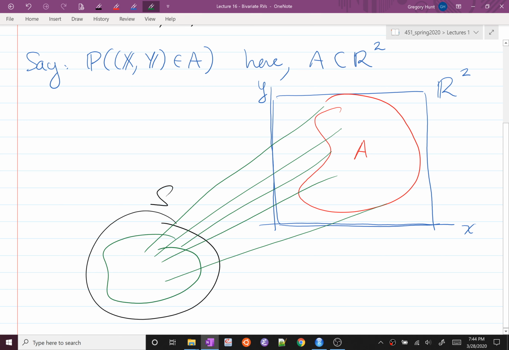If I call the pair x comma y maybe z, I could call this set z inverse of A, where z is my pair x comma y. So mathematically it's well defined. Here z would be another name for my bivariate random variable, and it would go from S into R2.